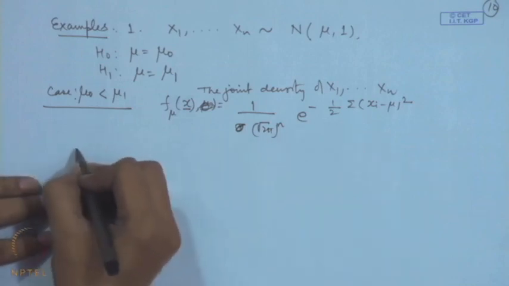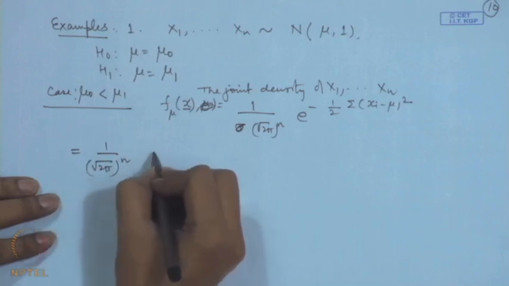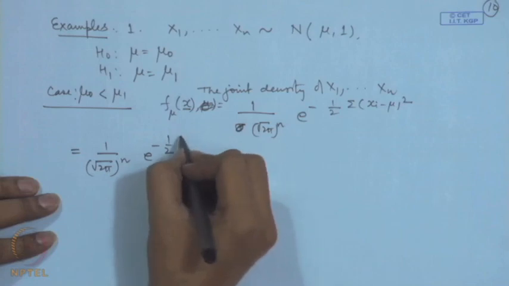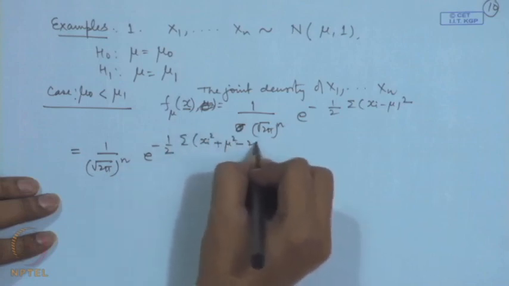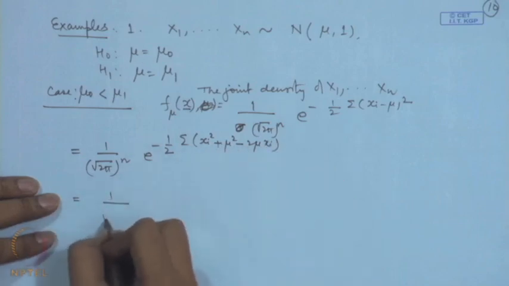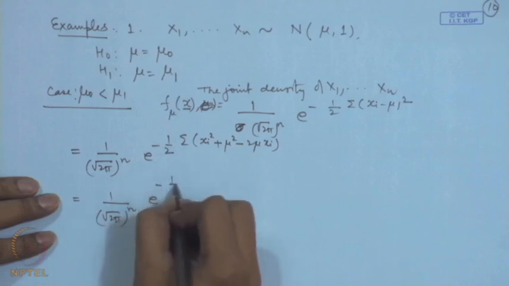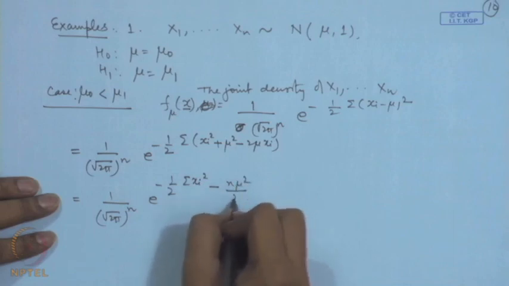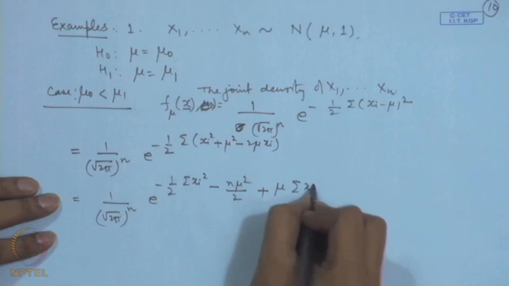Now, this term we can simplify: 1 by root 2 pi to the power n e to the power minus 1 by 2 sigma sum of x i square plus mu square minus 2 mu x i, that is equal to 1 by root 2 pi to the power n e to the power minus 1 by 2 sigma x i square minus n mu square by 2 plus mu sigma x i.